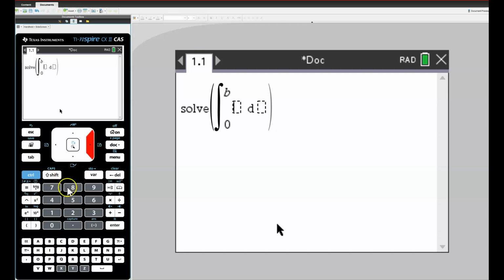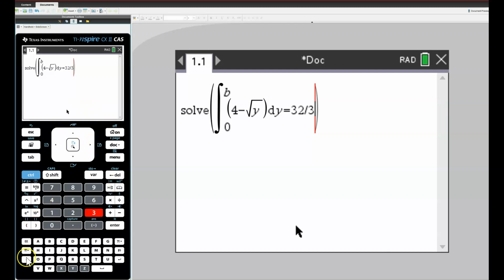Our integrand was 4 minus the square root of y. We're integrating with respect to y, and we want to set that equal to 1/2 the area, which was 32 divided by 3. I now need to tell my calculator what I'm solving for, and in this case I'm solving for that unknown quantity b, as in boy, and I grip it and rip it and hope I get a nice answer.